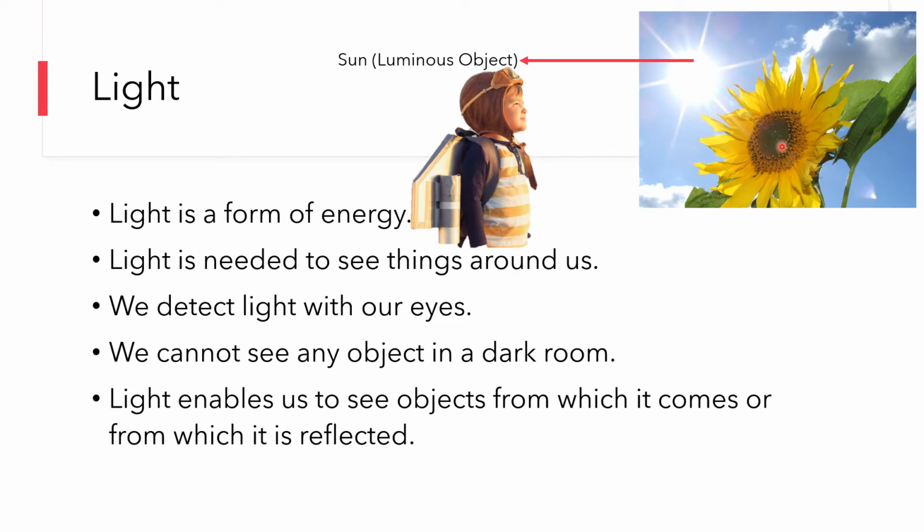So, when the reflected ray falls onto our eyes, we are able to detect the flower. So here we are calling the flower a non-luminous object because it is not emitting any light on its own. Other examples are the table, chair, and so many things.